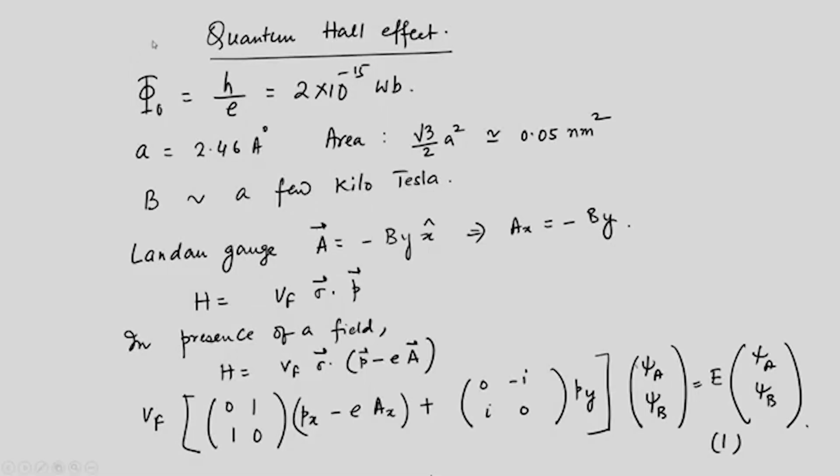Because this is a 2 by 2 equation, we can explicitly write them opening up in terms of psi a and psi b. So, this is Vf (Px minus iPy plus Eby) acting on psi a, psi b, equal to E psi a. So, psi b is related to psi a and vice versa.